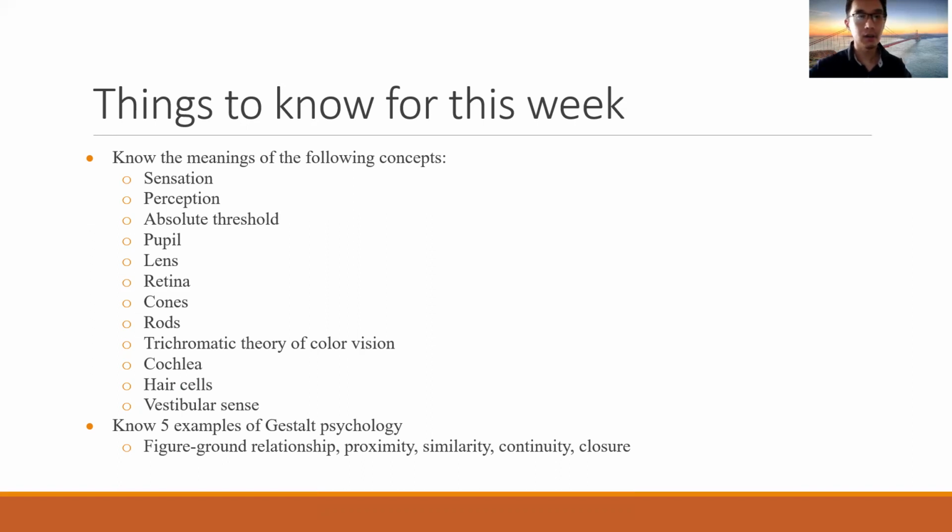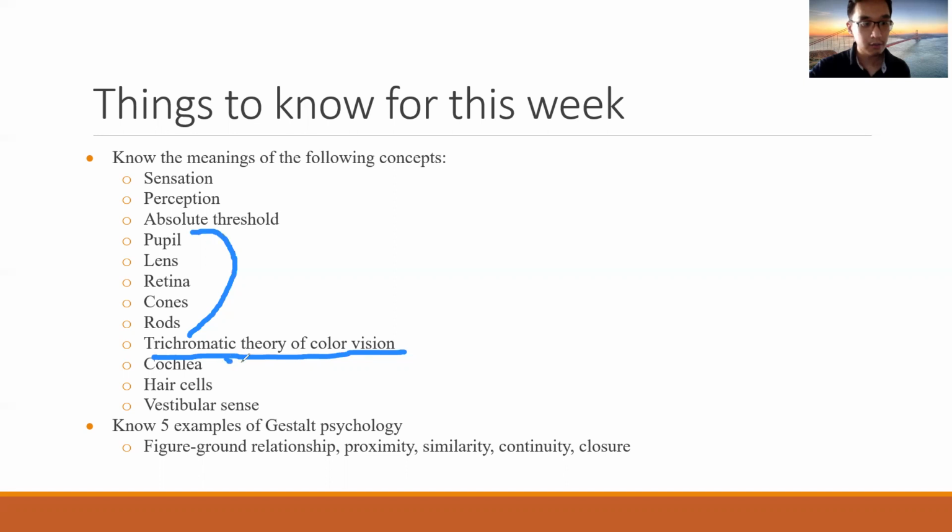And these are the parts in the visual system: what is the pupil, what is the lens, what is the retina, what are cones, what are rods. These are all inside the eyeball. Also, you need to know the trichromatic theory of color vision. You do not have to know the other theory of color vision, but you need to know the trichromatic theory.